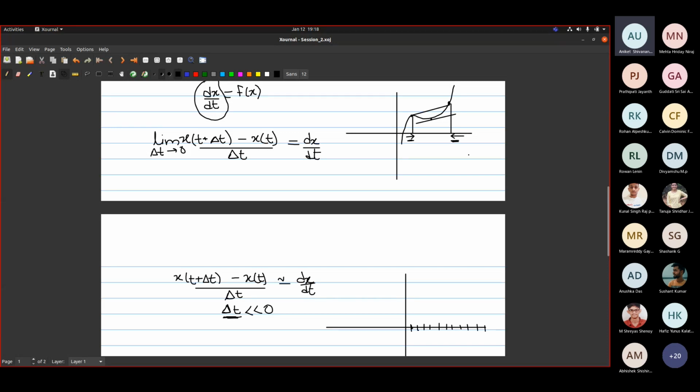This is delta t here. So in this case, we are going to approximate it such that this is approximately equal to this when delta t doesn't tend to 0, but is very small. Wait, basically, how is something very much less than 0?